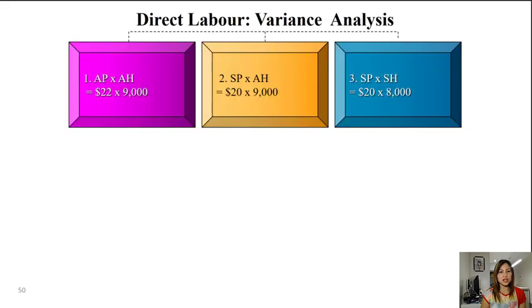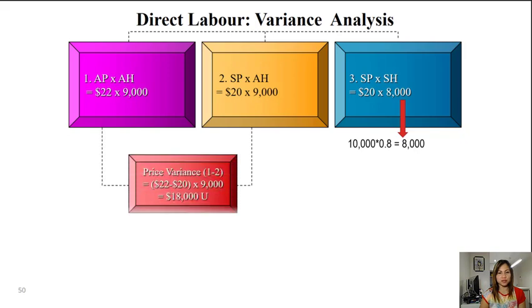We can also put this calculation in terms using the column approach. Whichever is easier for you should be fine, because you will still have the same result anyway. Remember, the third box is always the flexible budget, which means you need to calculate the standard hours allowed for the actual level of production. In this example it is 0.8 direct labor hours times 10,000 units of production.